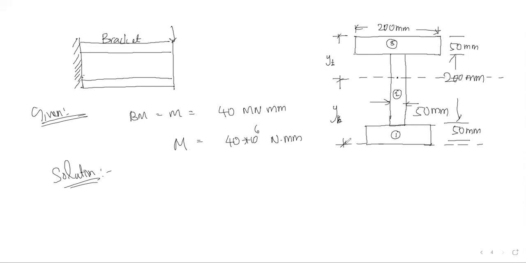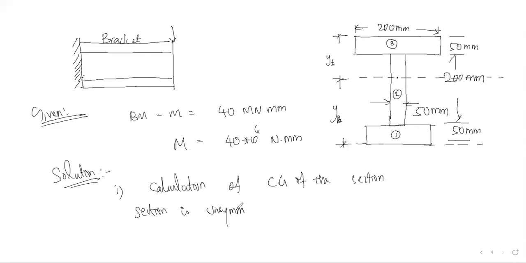So this is symmetrical about the x-axis, but unsymmetrical about y-axis. So I have to calculate the y-bar value. So first, calculation of CG of the section. So section is unsymmetrical about y-axis.